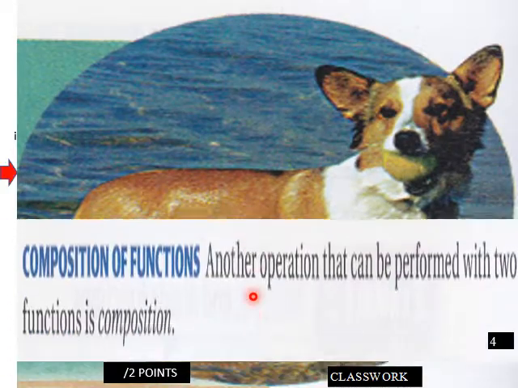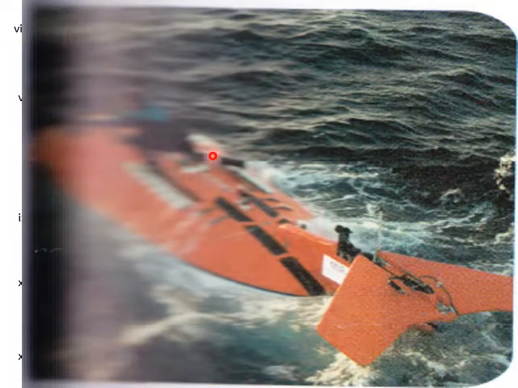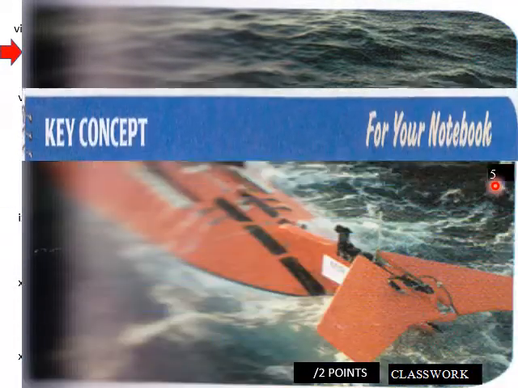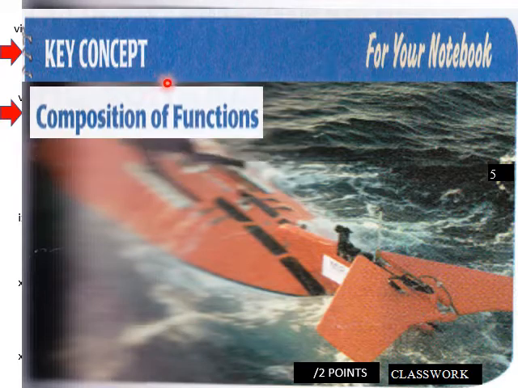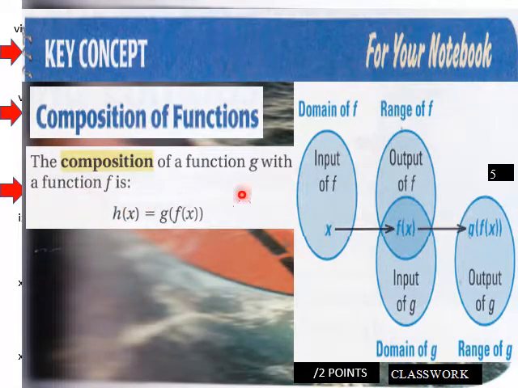Okay, moving on. Composition of functions, another operation that can be performed with two functions. Page 5 on our classwork, a concept slide, composition of functions. Here is a diagram for the composition of function g with a function f: h of x would equal g of f of x.